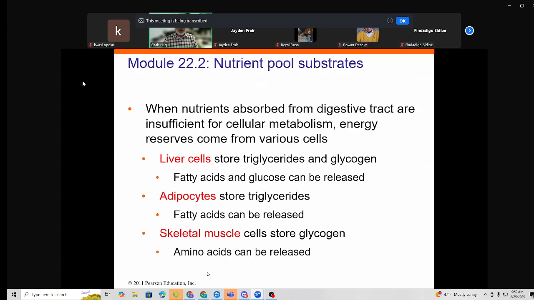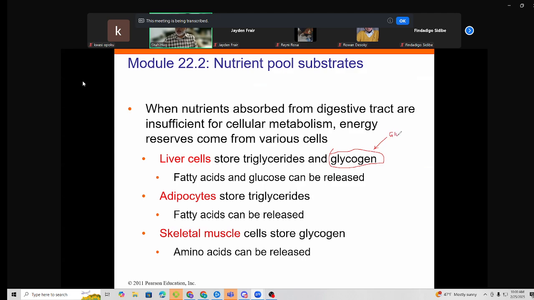Now when we talk about the nutrient pools, where exactly in the cell or in the body do we have these reserves? Mostly the cells of the liver are a source of glucose, stored as glycogen. Again, I told you before that it is a polysaccharide, the reserve carbohydrate in the body, and it comes from glucose.